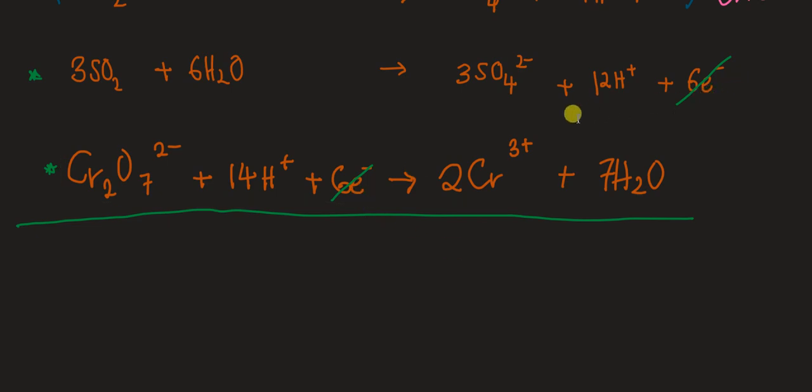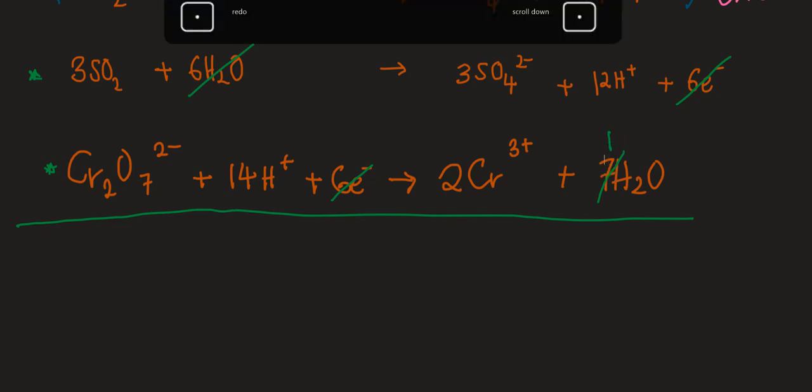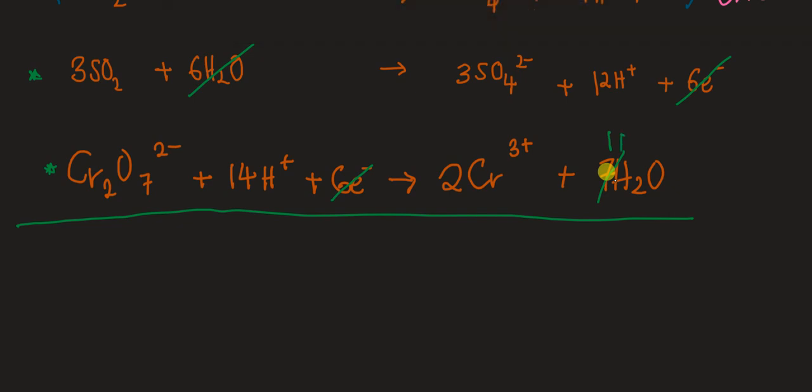6 minus 6. Okay, now if we look on the right hand side, we have 7H2O, and on the left hand side we have 6H2O. So we cancel out. This one has 7, this one has 6, so the one with 7 has one more water than the 6H2O. So this will be left with 1H2O.